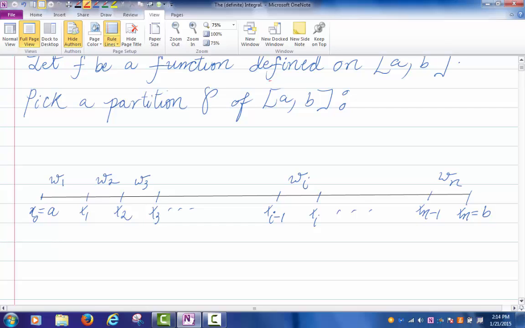Well, the reason is, if I want to make a general statement about all the subintervals, I will say this is true for the ith subinterval. So when I say this is true for the ith subinterval, I mean it is true for all subintervals. Am I making sense? Is everybody clear? That's why I'm using that notation.